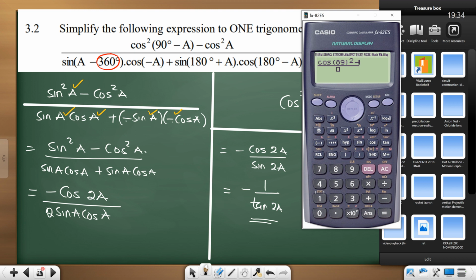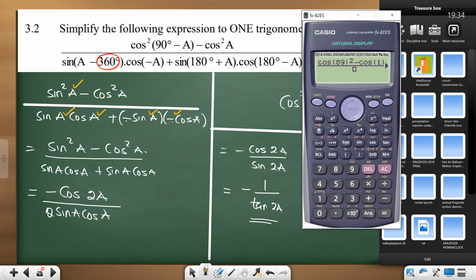But no, yeah, I'm correct, because cos 89 squared minus cos 89 squared would give me 0. Oh, no, I'm saying my A is 1. Sorry, my bad. My A is 1. Are we okay? I'm replacing anywhere I have A with 1.